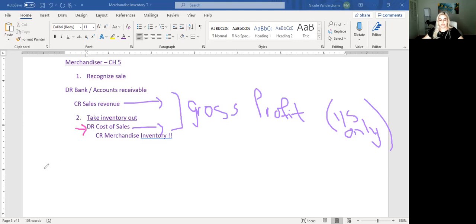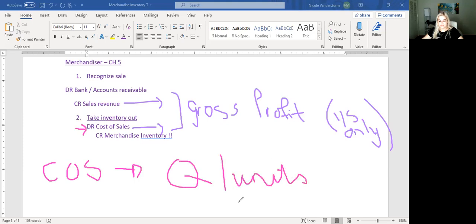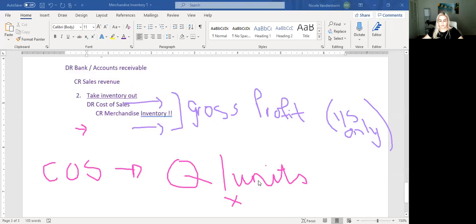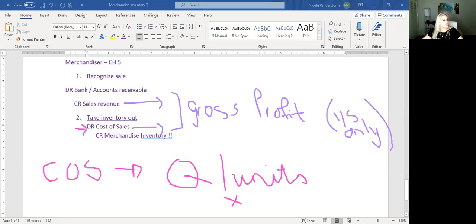What's important about cost of sales is that it is based on quantity or units times the cost per unit.